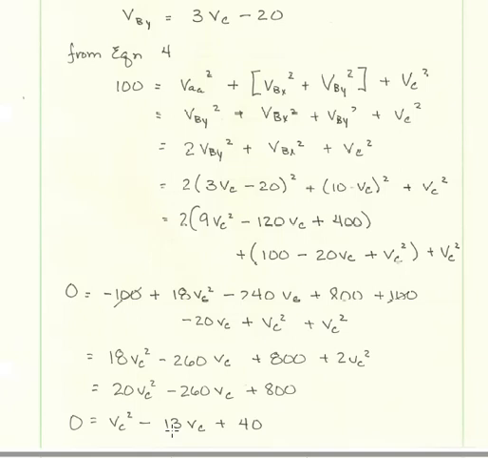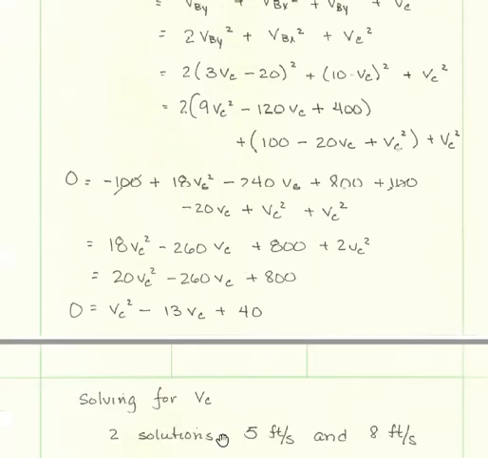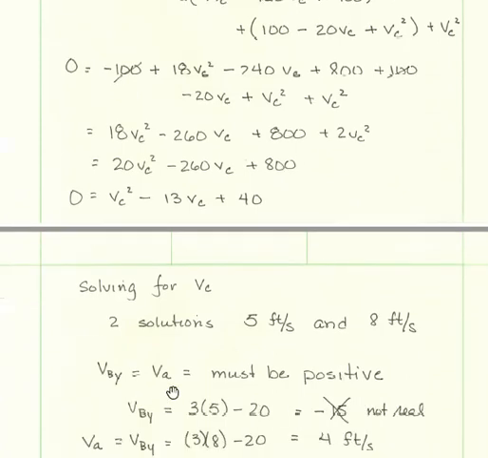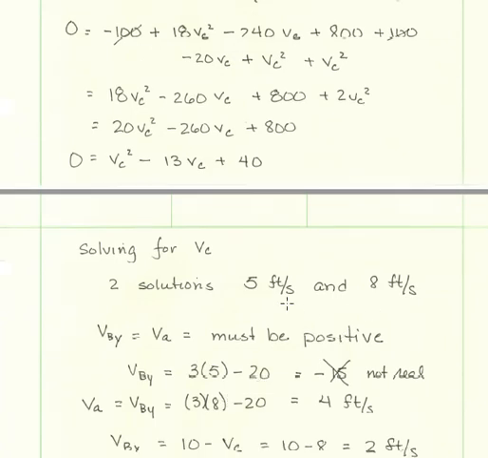When that happens, I ultimately get 2 solutions: a solution of 5 feet per second and a solution of 8 feet per second, but my velocity of A must be positive, so I can rule out that 5 foot per second velocity for this particular problem.